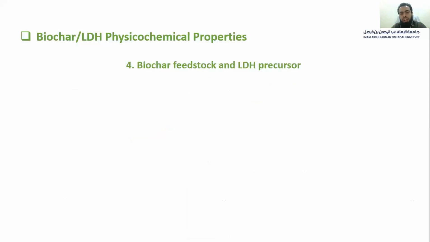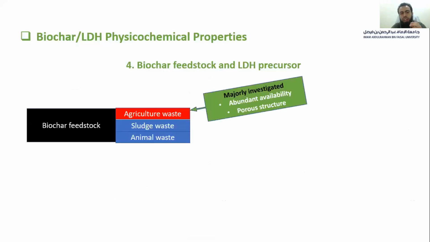The fourth factor, which is very important, is the feedstock, that is, what type of feedstock you are using, and what type of LDH precursor salts you are using for preparation of biochar LDH composites. Generally, the available feedstocks are agriculture waste, sludge waste, and animal waste. In most of the studies for the production of LDH biochar composites, agriculture waste has been utilized.